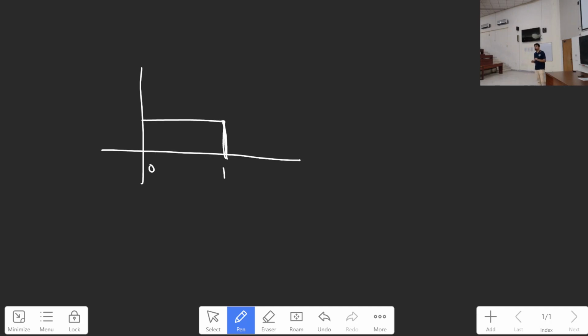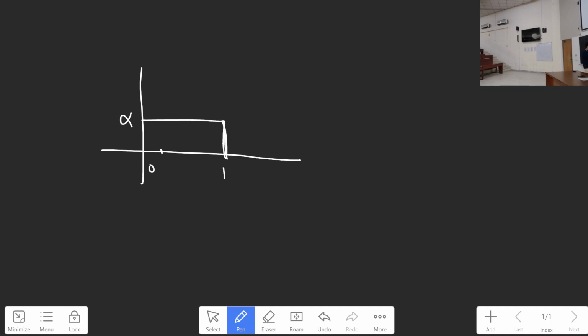Okay, so it can take all the values with equal probability. Yeah? Then I can draw its relative likelihood like this.